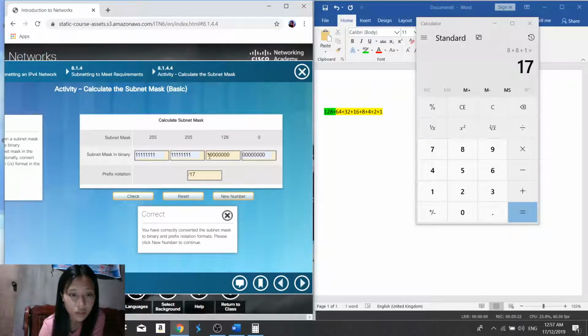And then, why is the first one the only 1 and all the rest 0? Because of this 128, and we don't need to add 64, 32, and the others, because the only one needed for the subnet mask is 128.